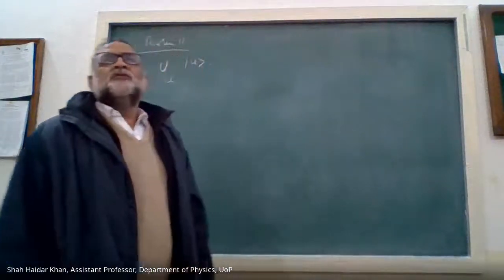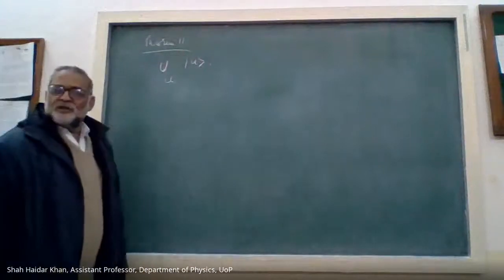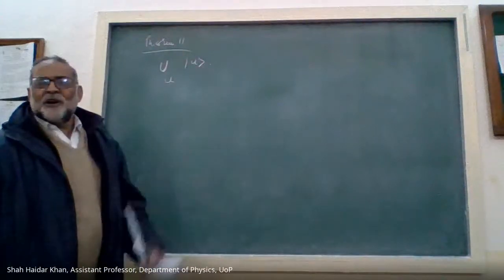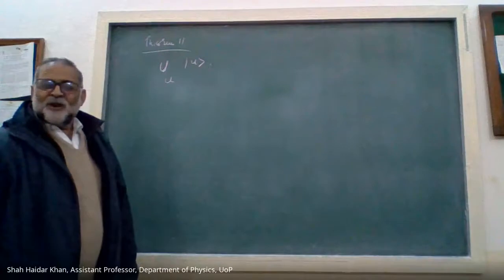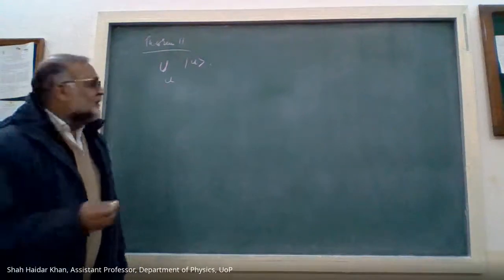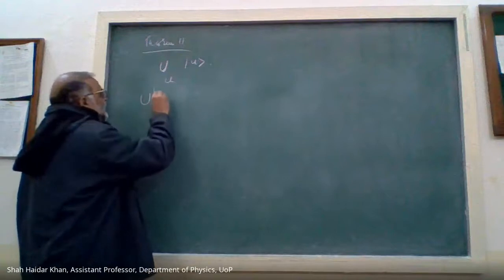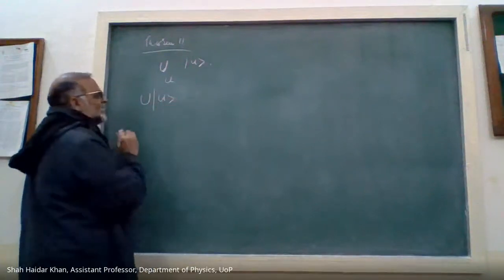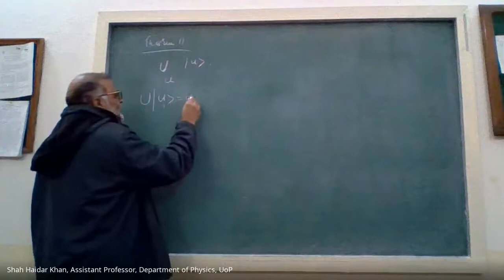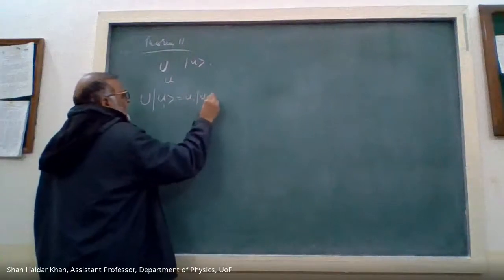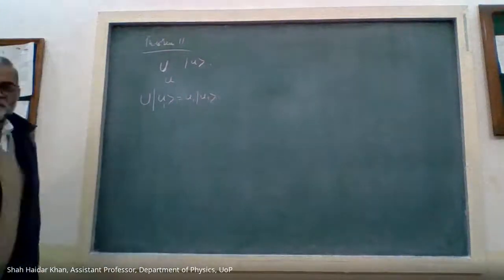Suppose we have two eigenvalues of this operator. So it would be like this: U acting on u1 is equal to u1 times u1, and U acting on u2 is equal to u2 times u2.